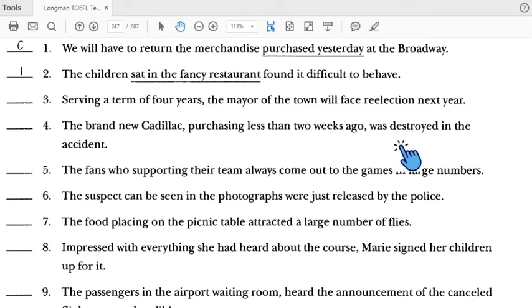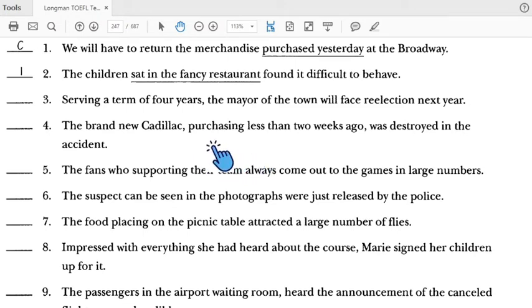Okay, look at the example. Number 4 is incorrect, if we want to reduce not "perceptions" but "perceived". Actually, the sentence is "which was perceived".